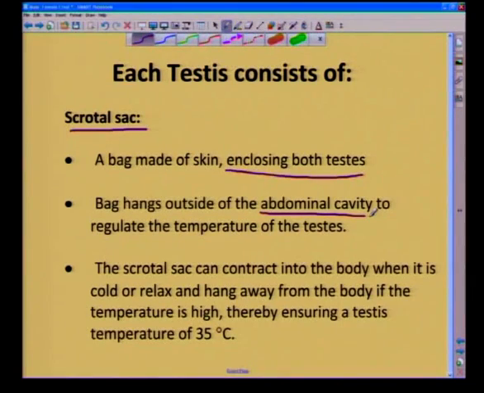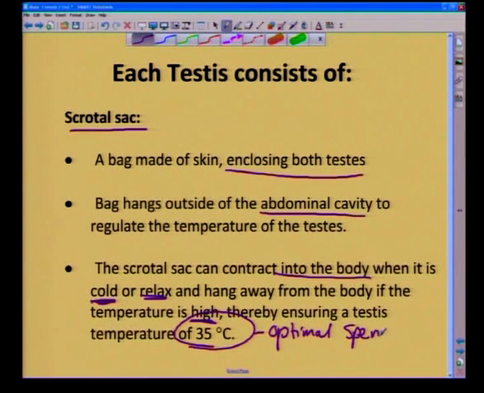So the scrotal sac can contract into the body when it is cold, okay, to increase body temperature, or relax and hang further away from the body when the temperature is high, so that it can ensure a temperature of 35 degrees, because that is an optimal sperm producing temperature. All right?